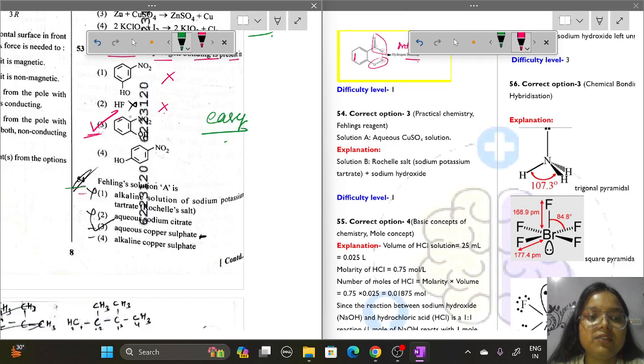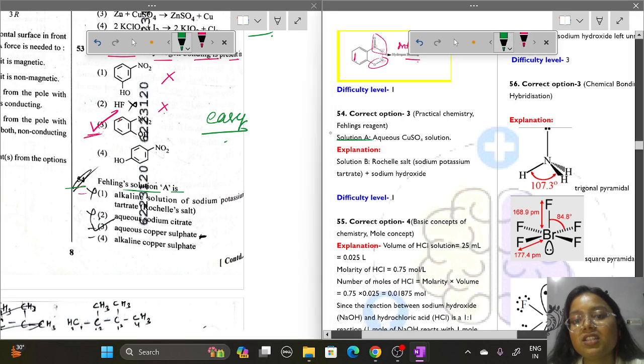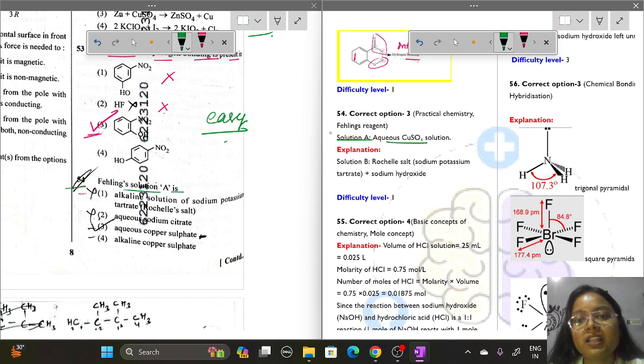Question number 54. Fehling solution A is aqueous copper sulfate solution, right? Aqueous copper sulfate solution, option number 3, is the correct option.